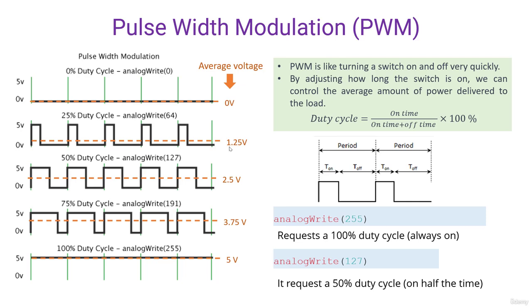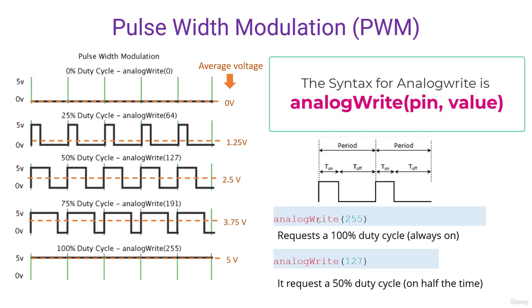The function we will be using for generating this sort of PWM is analogWrite. Now if we use analogWrite with the output value 255, then it will request 100% duty cycle. And if you put half of 255, that is 127, it will request 50% duty cycle. Similarly, here we can see for 0 volt, analogWrite 0.